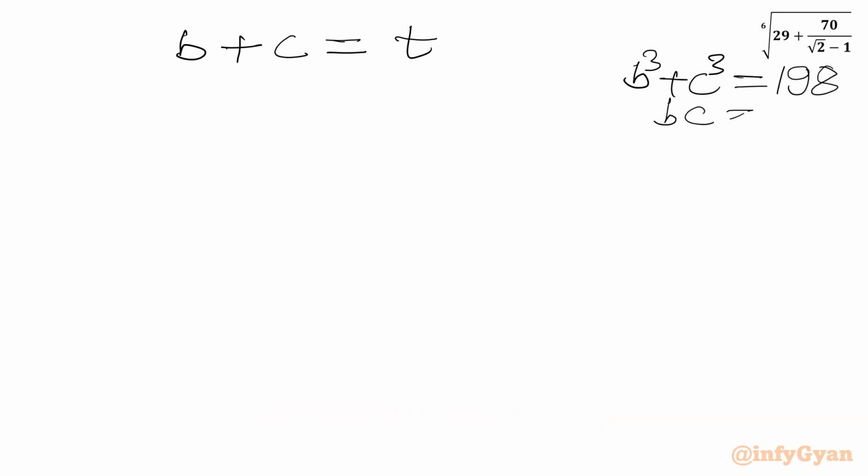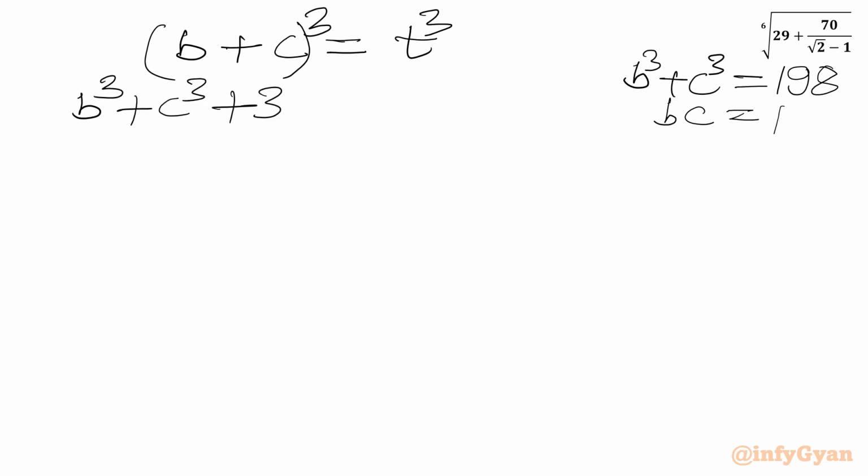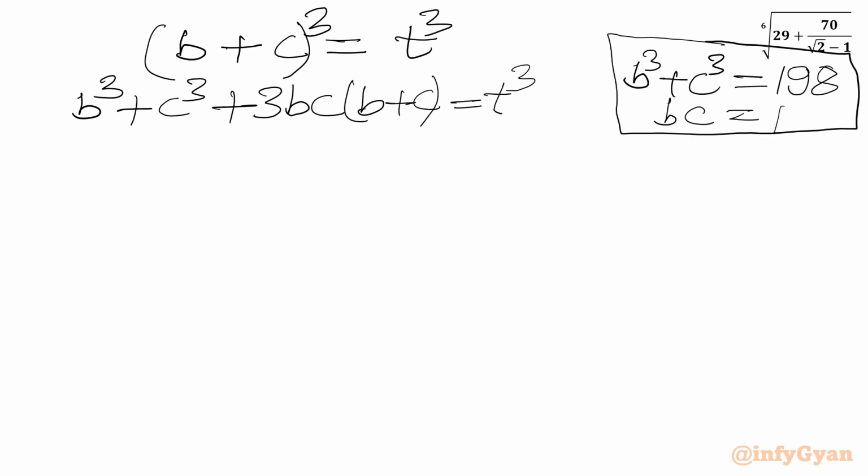Second equation was BC equal to 1. Now we will raise power 3 on both sides. So I can write B cube plus C cube plus 3BC times B plus C equal to t cube. Now B cube plus C cube is 198. So we will write here 198 plus 3 times BC, which is 1, times B plus C, which is t, equal to t cube.